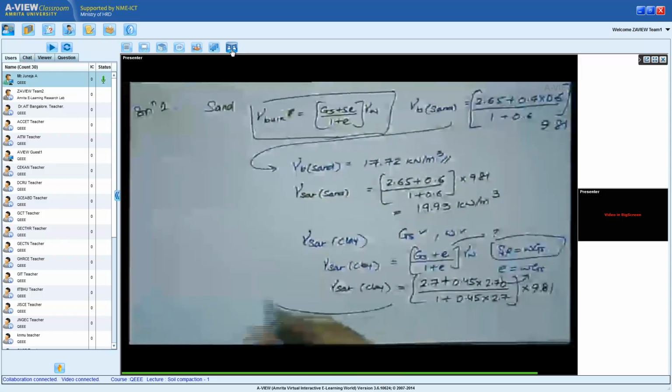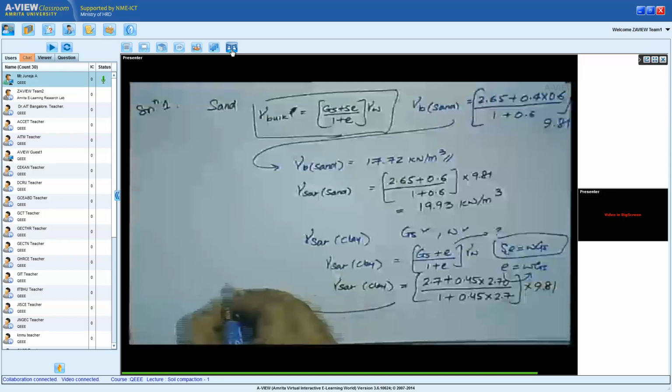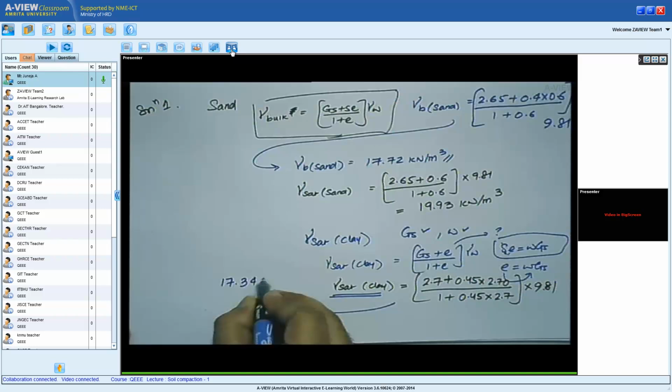If I plug in my numbers, I should get gamma saturated for clay equals 17.34 kilonewton per meter cube.